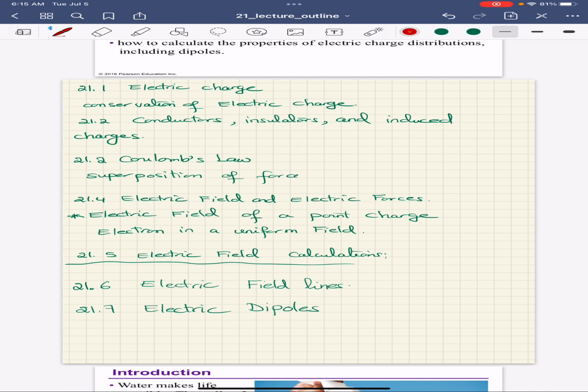You should review how to add forces, or in other words, vectors.